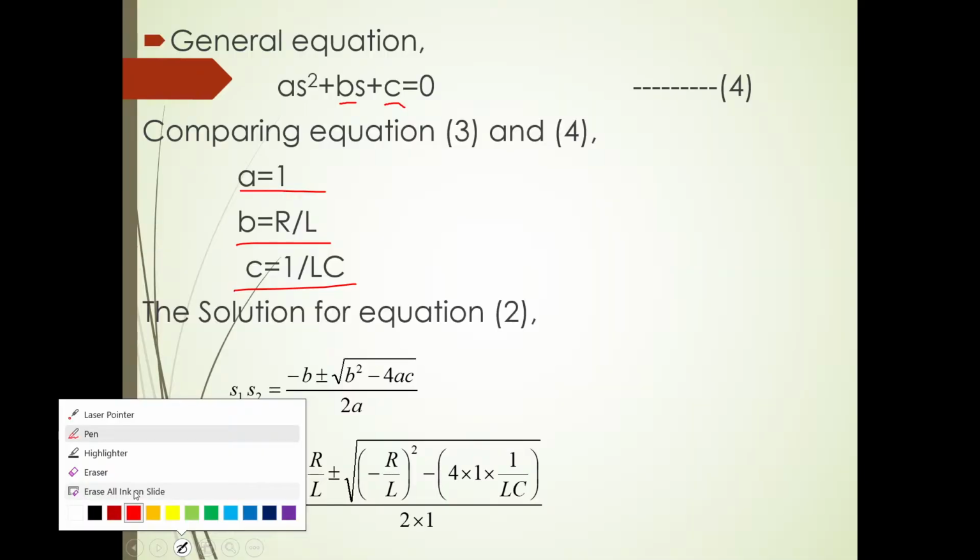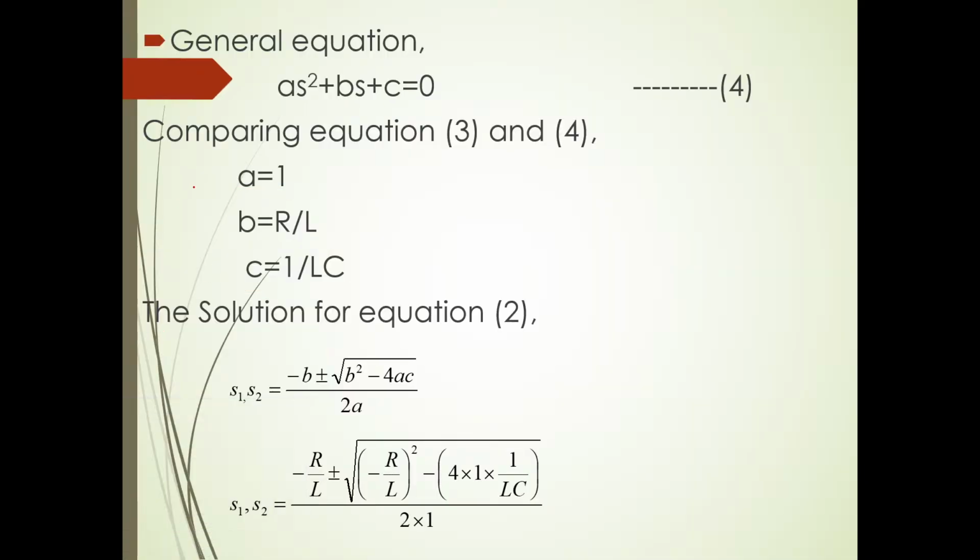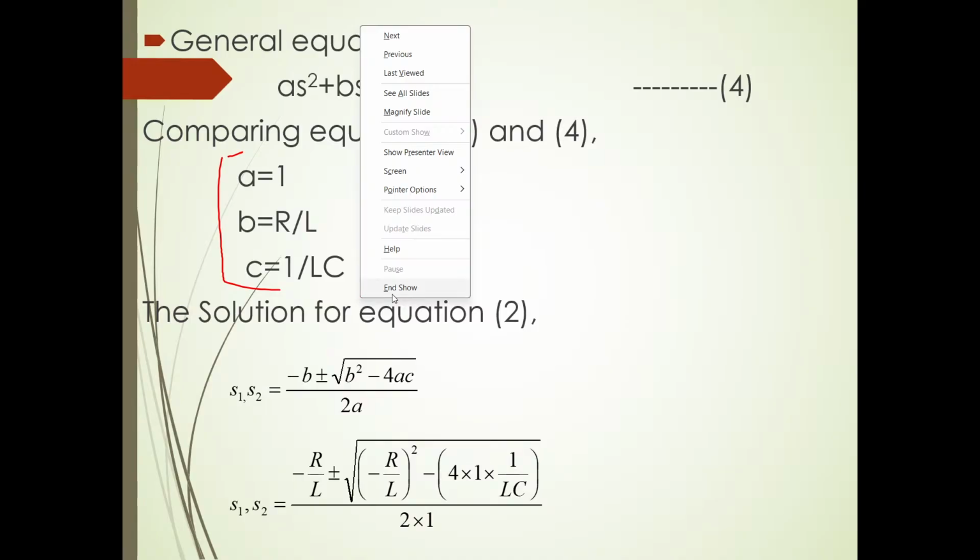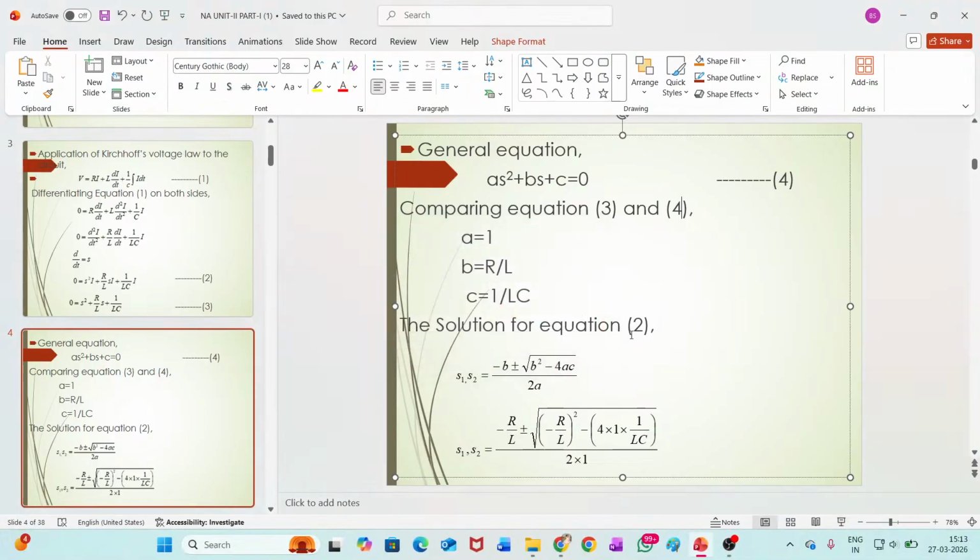Comparing the quadratic equation that we have got in terms of s with the general equation, we have got these values: a, b and c. Now we can determine the solution of the above equation, that is our equation number 4, not 2.